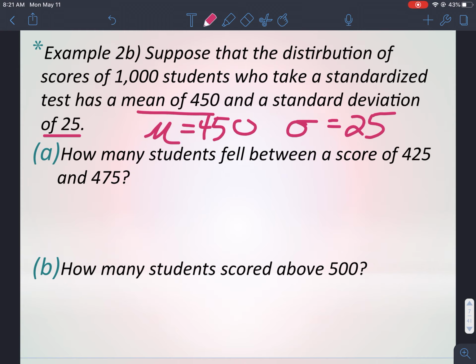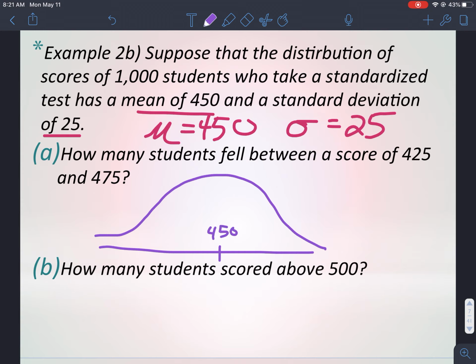Well, with these questions, for the most part, we're going to make things very straightforward, and notice that 425 and 475 is just taking 450 and adding 25 and subtracting 25. So on our bell curve, if I were to represent this graphically, 450 is right in the middle.